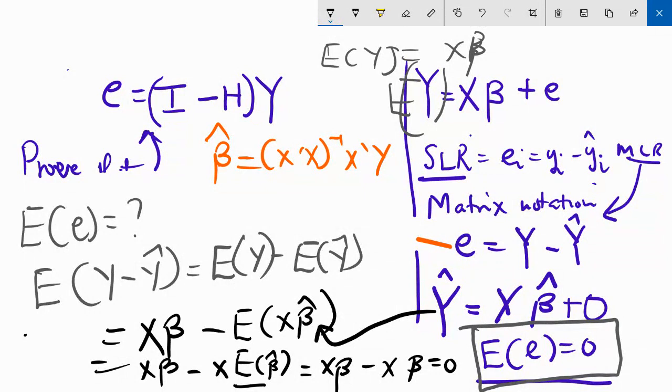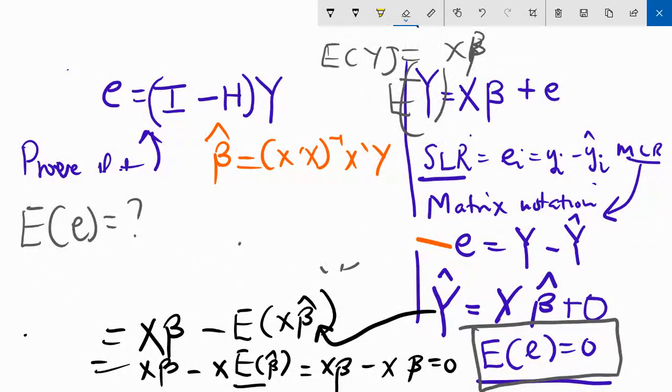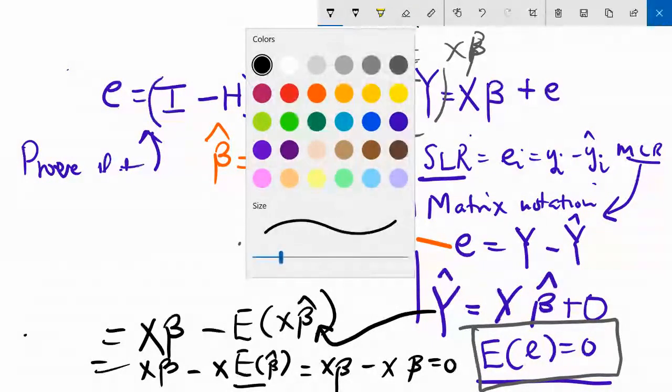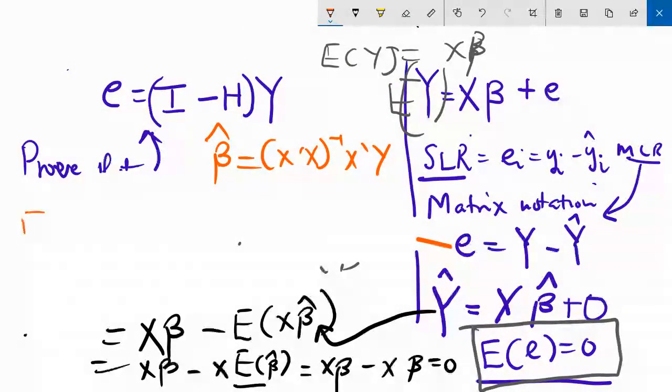It goes back to what you have done with Mr. Chabalala when he was saying, prove that, from simple linear regression, that the expected value of beta hat is equal to, I think it was beta 1 here, isn't it?